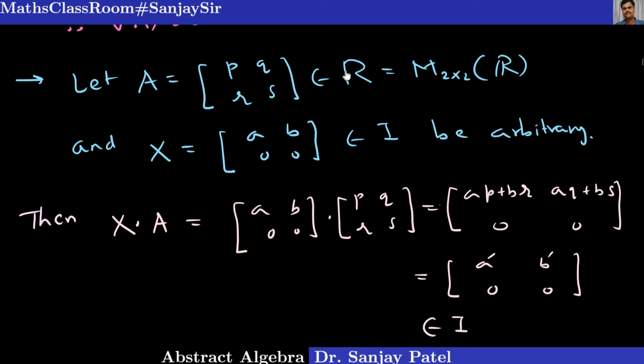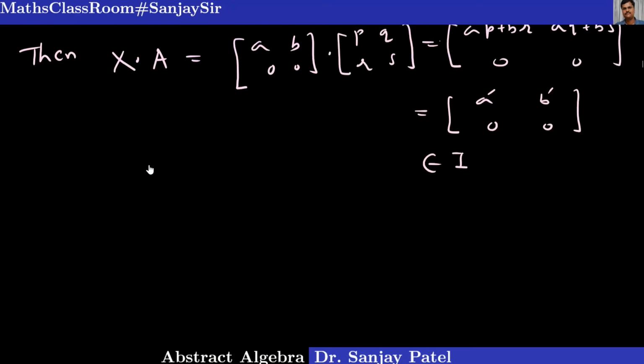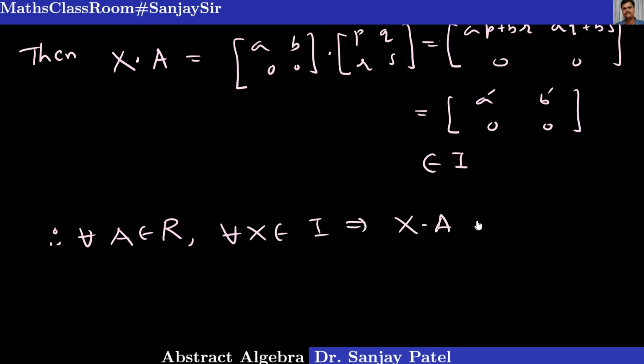So for every A belonging to R and for every X belonging to I, because A and X are arbitrary, we have X into A belongs to I. This is my third result.